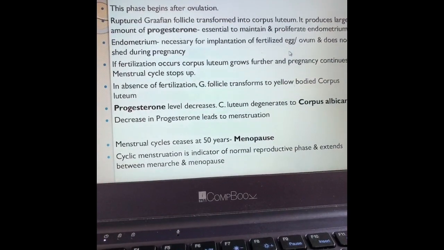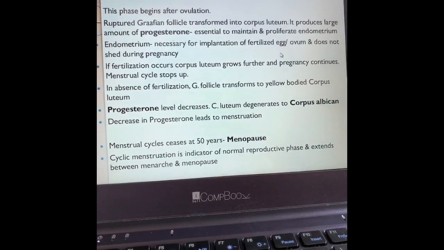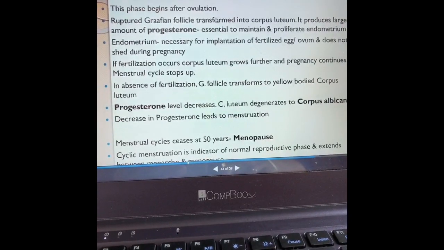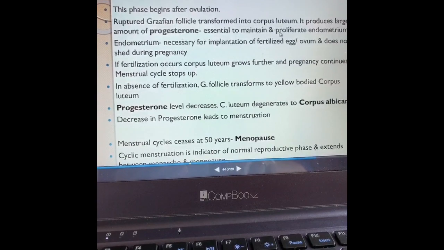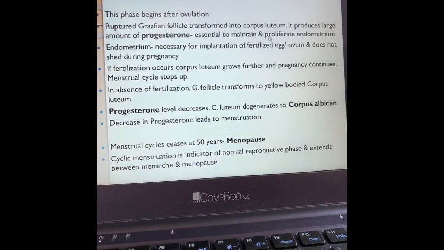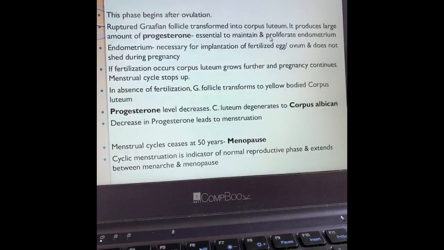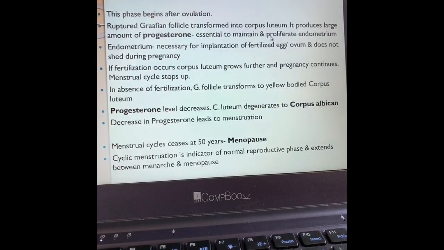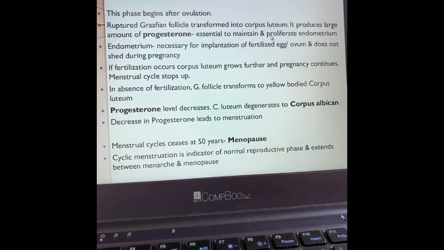Next is the luteal phase. This begins after ovulation. The ruptured Graafian follicle gets transformed into the corpus luteum and it starts producing a large amount of progesterone. This progesterone helps in proliferating the endometrium, that is, preparing the inner wall of the uterus for accepting a fertilized ovum.